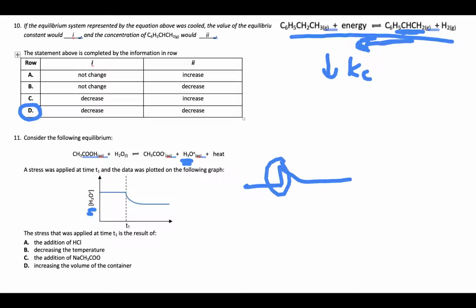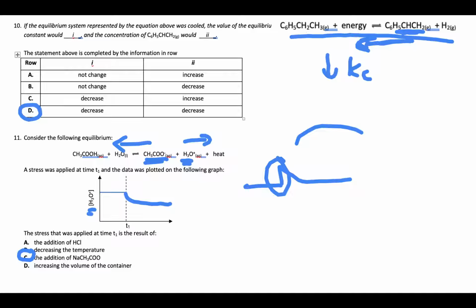But that spike's not happening. With B, a decrease in temperature would actually cause the concentration to increase, not decrease. The addition of NaCH3COO would be adding this ion in, which would shift the system to the left. That would slowly use up the hydronium ion. So it looks like the answer is C.